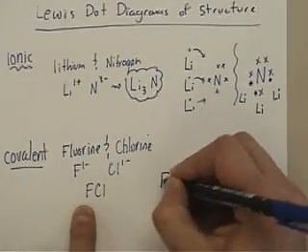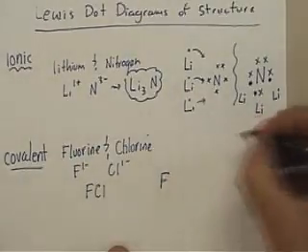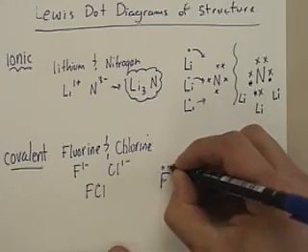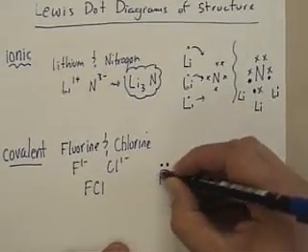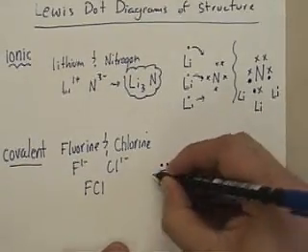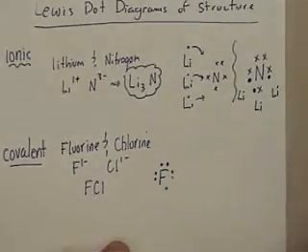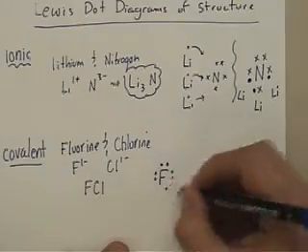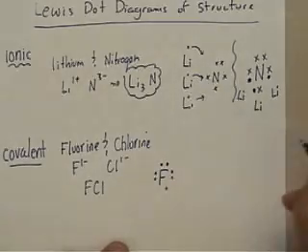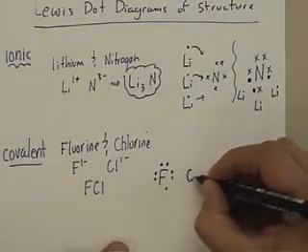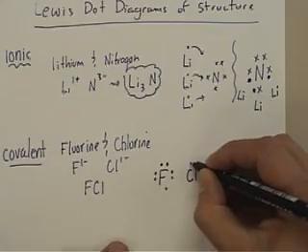So fluorine I'm going to draw out. It's got 7 in its outer orbit. So 1, 2, 3, 4, 5, 6, 7. I specifically messed it up just to show you that in bonds it doesn't really matter how you do it. Chlorine, 7.